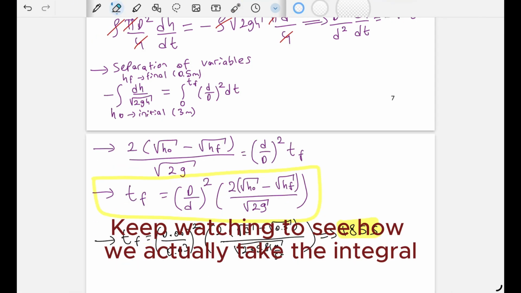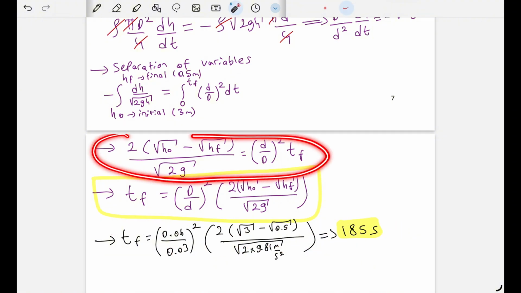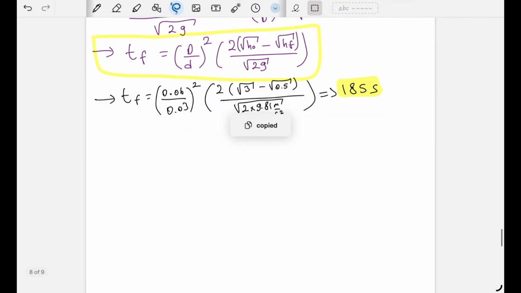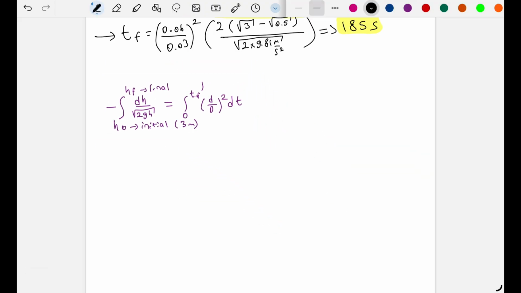And I actually also want to show how we calculated this one. So I mean how we take integrals of this equation and update this one. So first let me copy this part. So this is final and this is initial.